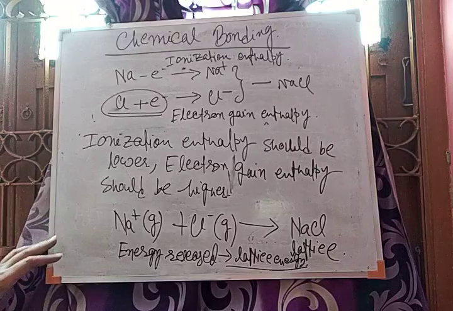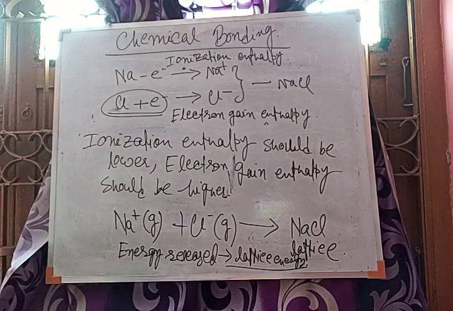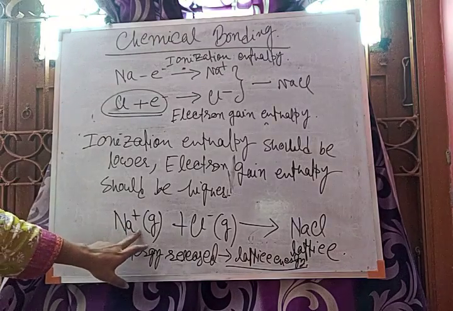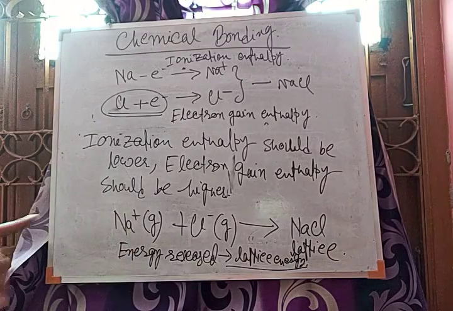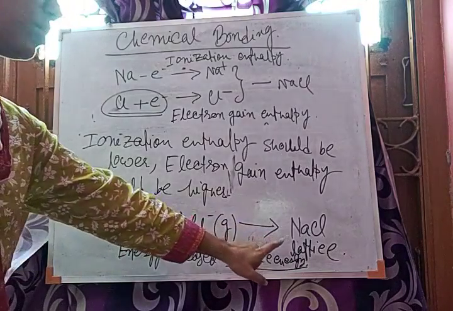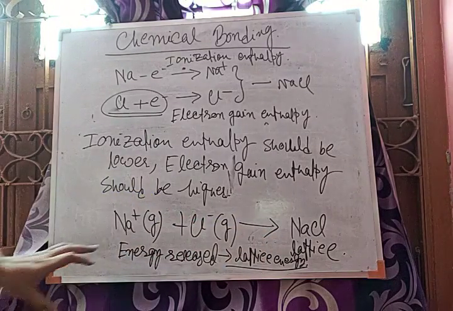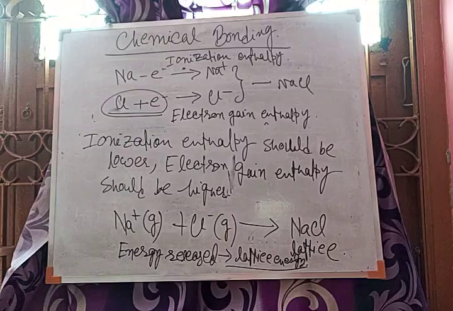During the formation of the lattice, when the two ions combine in their gaseous state, and this point is very important, the energy so released is known as lattice energy.